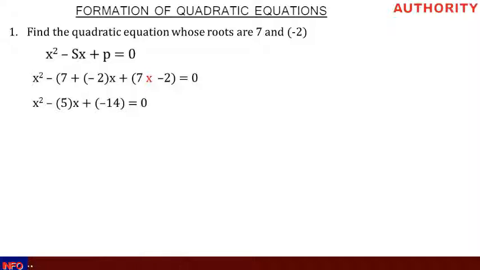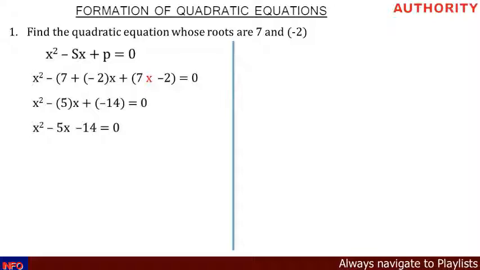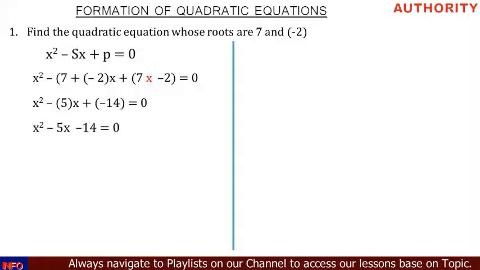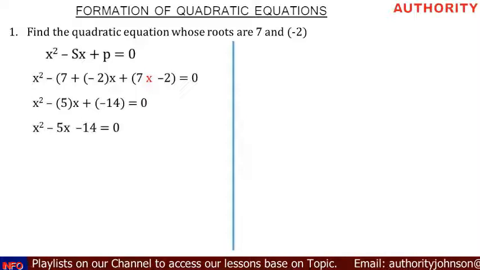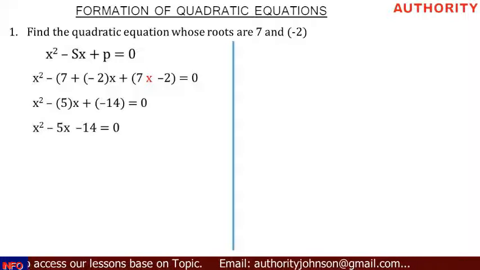Let's put it in bracket, equals 0. So we have x squared minus 5x, plus times minus 14 gives minus 14, equals 0. Therefore, the quadratic equation whose roots are 7 and minus 2 is x squared minus 5x minus 14 equals 0. Please, I want you to solve this.